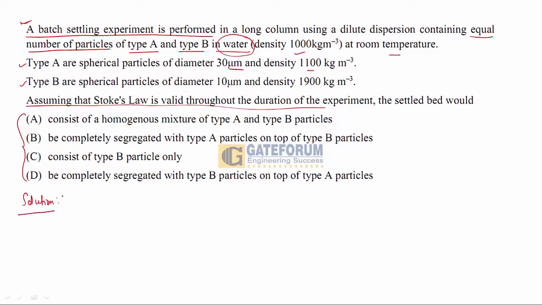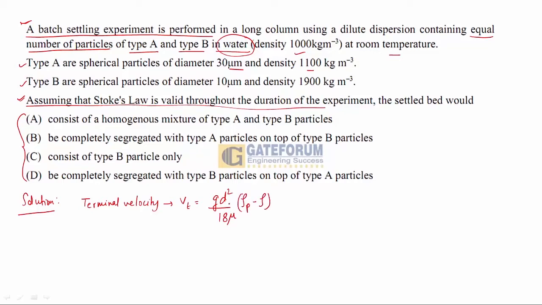Solution. Whenever we see this line, this assumption that Stokes law is valid throughout the duration of the experiment, we know that in the Stokes law regime the terminal velocity is given by the formula g d square upon 18 mu into rho p minus rho.